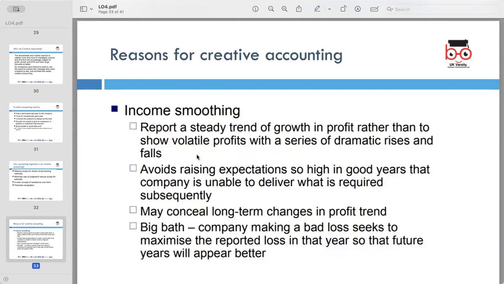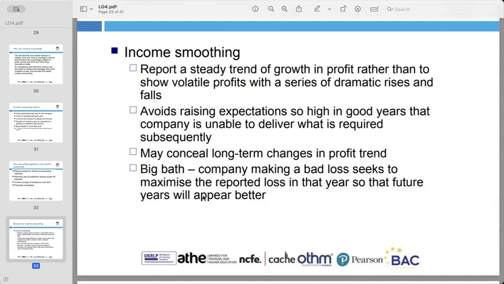Avoiding high expectations: by smoothing income, companies can avoid raising expectations too high in a good year, thereby preventing disappointment in subsequent years when performance may not meet elevated expectations. Then long-term concealing: income smoothing may also be used to conceal long-term changes in profit trends, presenting a consistent image of stability to stakeholders.